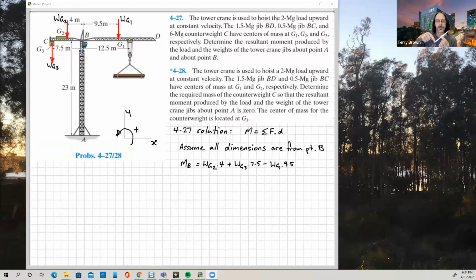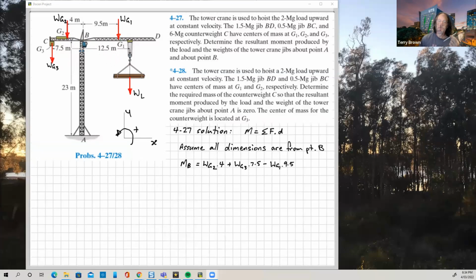So if we push down here, see whether it's going clockwise or anti-clockwise. Right, so on one side of B goes one way, on the other side of B goes the other way. So they must be opposite signs. So this force here must generate an opposite sign moment to this one if we're looking at moments about point B. All right, so let's go to the next one.